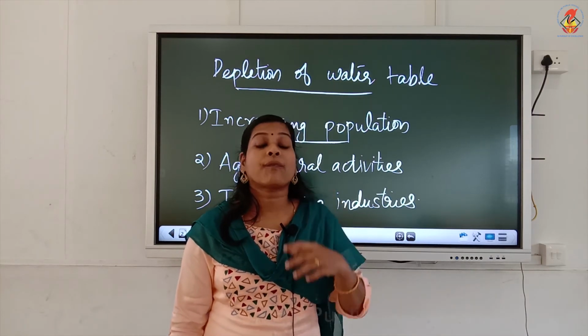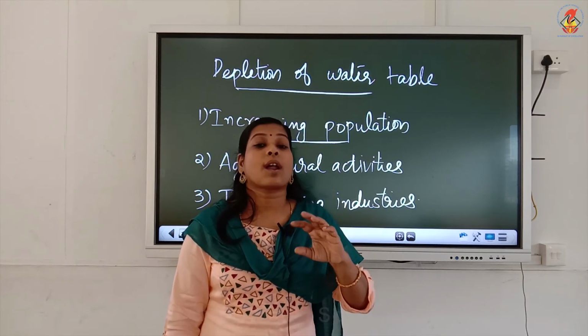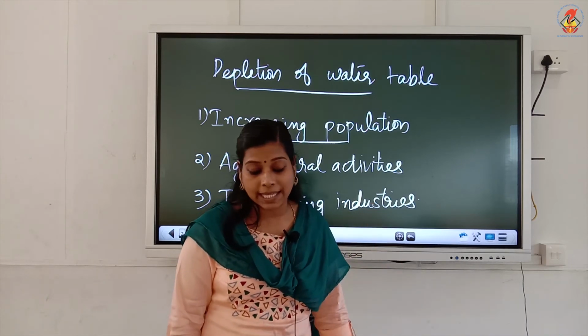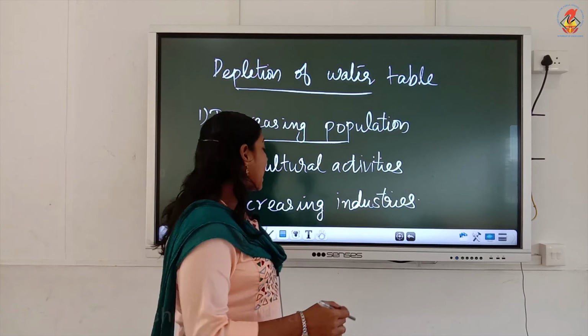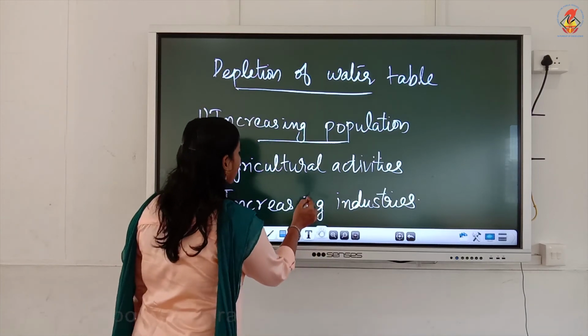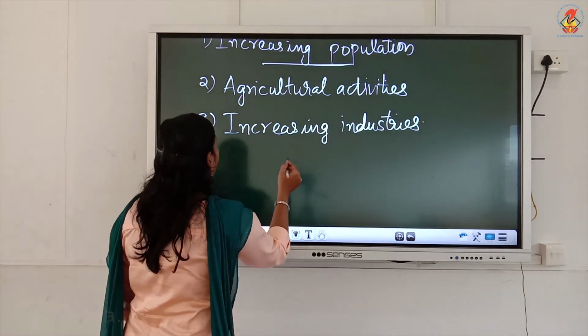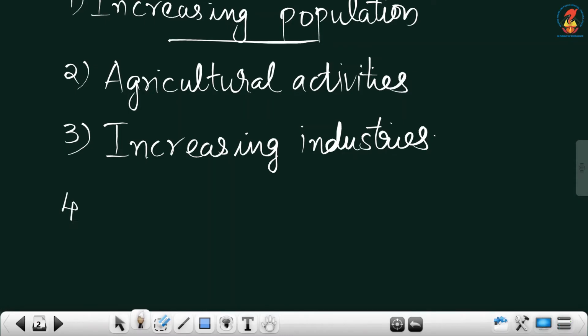Now, two more factors, which are not discussed in detail in your textbook, we can also see. That is scanty rainfall. In some places there is not much rain, very little rain, scanty rainfall.